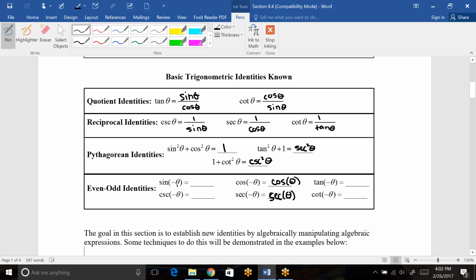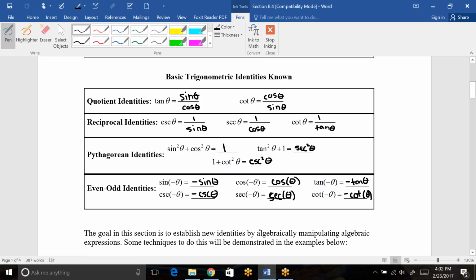Okay, and we learned that sine, tangent, cosecant, and cotangent were all odd. So when you plug in a negative of a theta, it changes the sign to the opposite value. And the same is true for all the others. Now that just has to do with what kind of symmetry these graphs have.